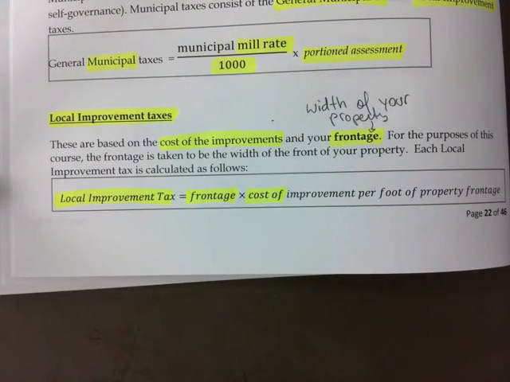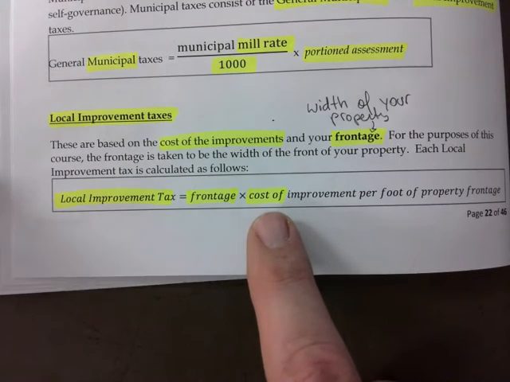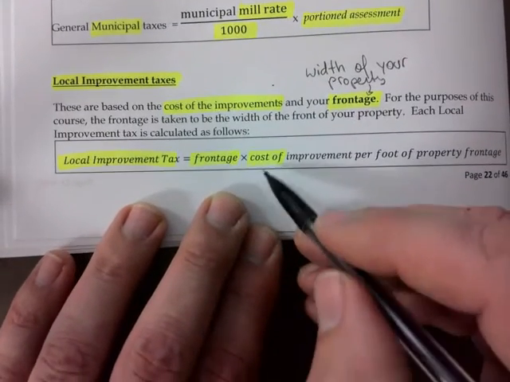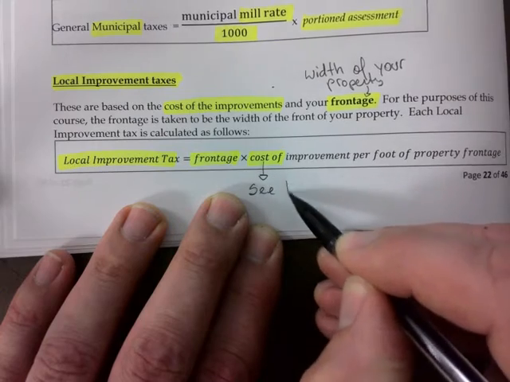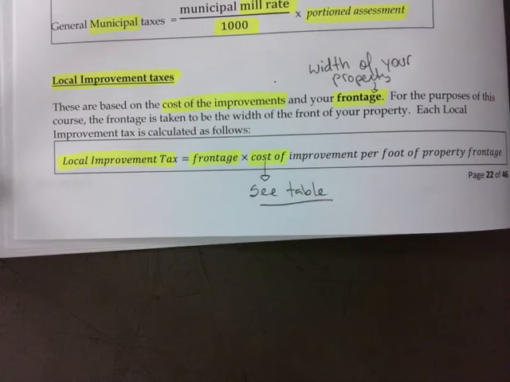Just remember that: how wide your property is times the cost of that particular improvement. And you will see that there's a chart for that. See table. You're going to have to see the table for that, or I will just plain out give you whatever the cost is.